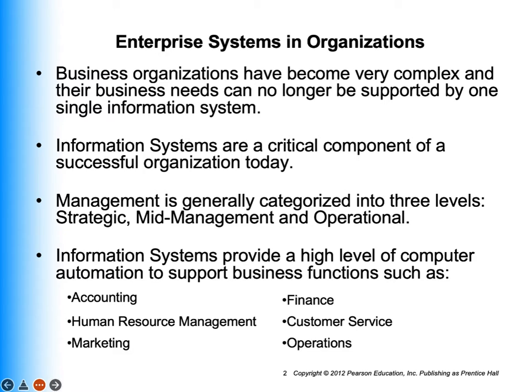In this case, for management, to make strategic decision, they need to be well informed in real time throughout all the levels from operational to mid management and to upper management. And with IS, processes from other departments are being integrated.